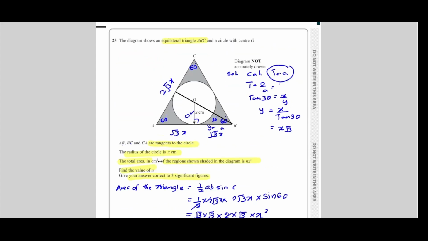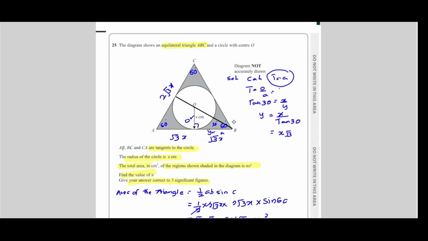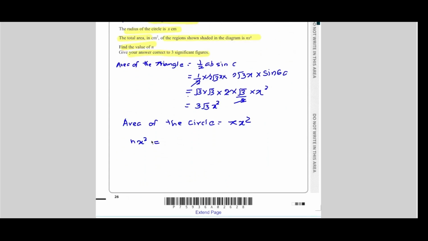We know that from the area of the triangle, once we take away the circle area, we get the shaded area: 3 root 3 x squared minus pi x squared. Now I'm dividing this whole equation by x squared, then I can get rid of the x terms. Then n equals 3 root 3 minus pi.